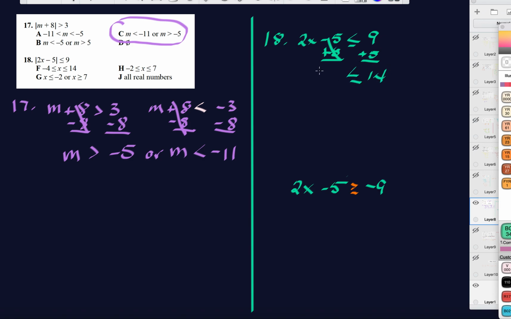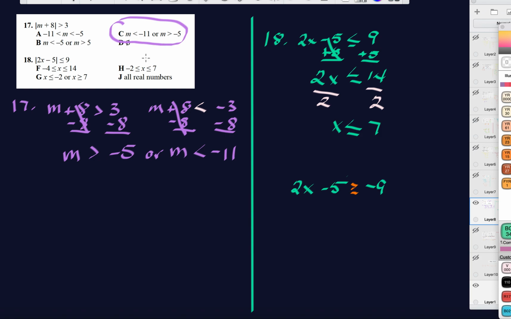Keep that inequality symbol. 2x. Well, what am I going to do? I'm going to divide by 2, divide by 2. 2 divided by 2 is 1, so x is less than or equal to 7, right?